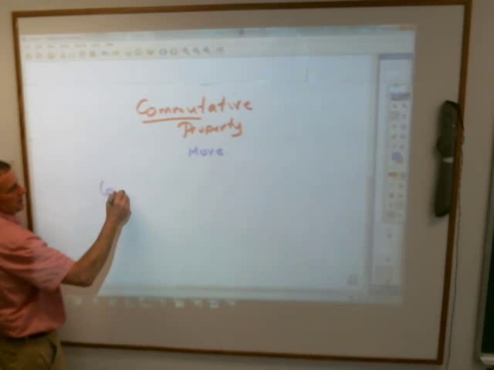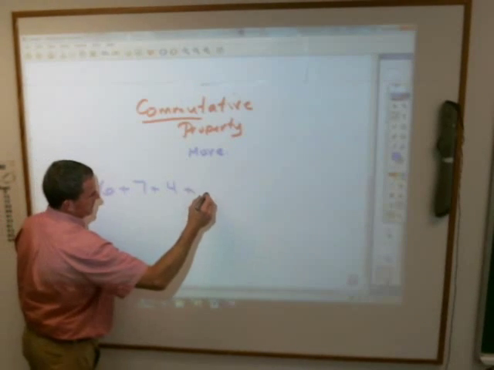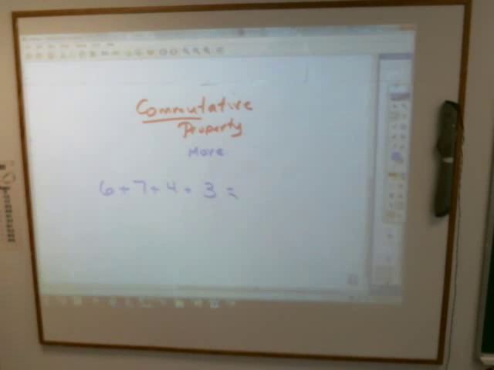If you have 6 plus 7 plus 4 plus 3, and I asked you to do that problem, I'm sure you've been taught this before. What would be the easiest way for you to do this? Actually, you can't even do it in your head.